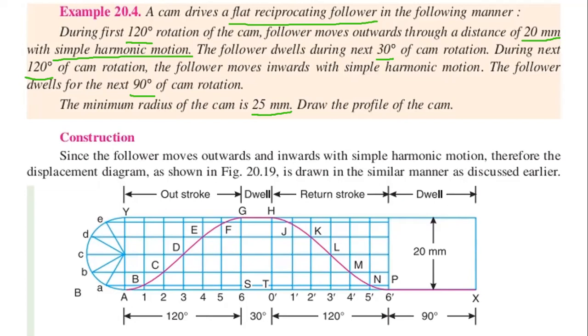I have taken the scale as 1 centimeter equal to 10 degrees. So I am drawing the rectangle of 36 centimeters by 2 centimeters, that is 360 mm by 20 mm.